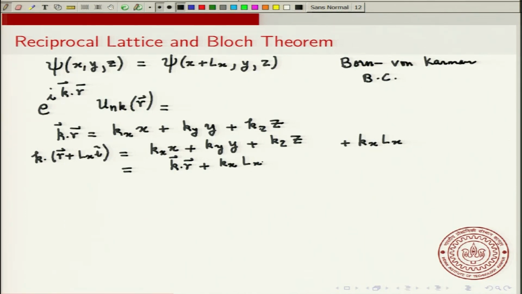So now on the right hand side I will have e to the i kx Lx multiplied by e to the i k dot r, and I have u n k of r plus Lx i.